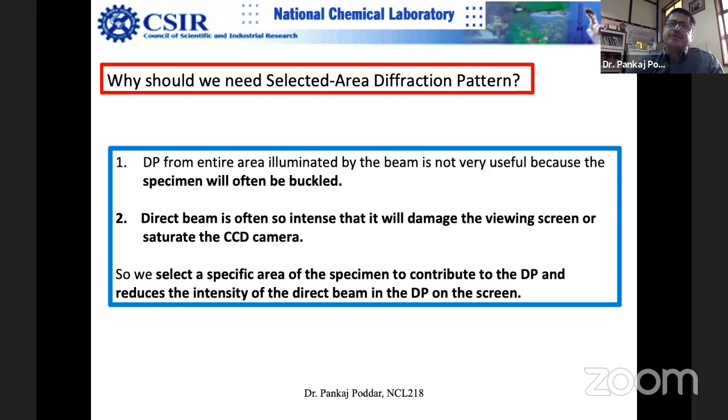When the electrons pass through your sample, they carry the information about your sample, and when you form the diffraction pattern, that is basically the Fourier transform. The Fourier transform came first, the mathematics came later.